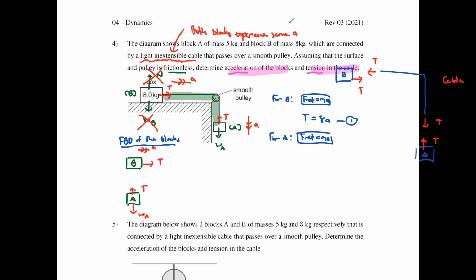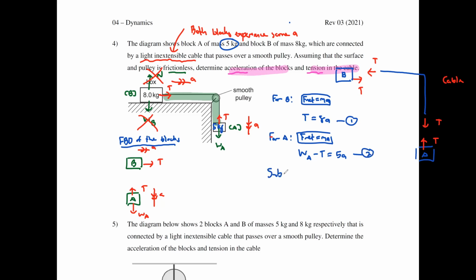I know that the acceleration is downwards for this one. So when I make the equation for Fnet, which is positive, WA or T? You look at the one that's in the same direction as your acceleration. In this case, the weight is in the same direction as your acceleration. So it's going to be WA minus T equals 5A. The mass here is 5 kg because the question already told you that. So this is your second equation.